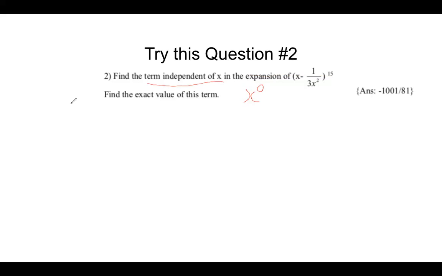So here we're recalling our n choose r method, where n today was 15. We don't know r, but we can still find the value of r because they've given us this clue: term independent of x means that the x power has to equal 0. Let me know if you're confused with this, and we'll definitely connect again.